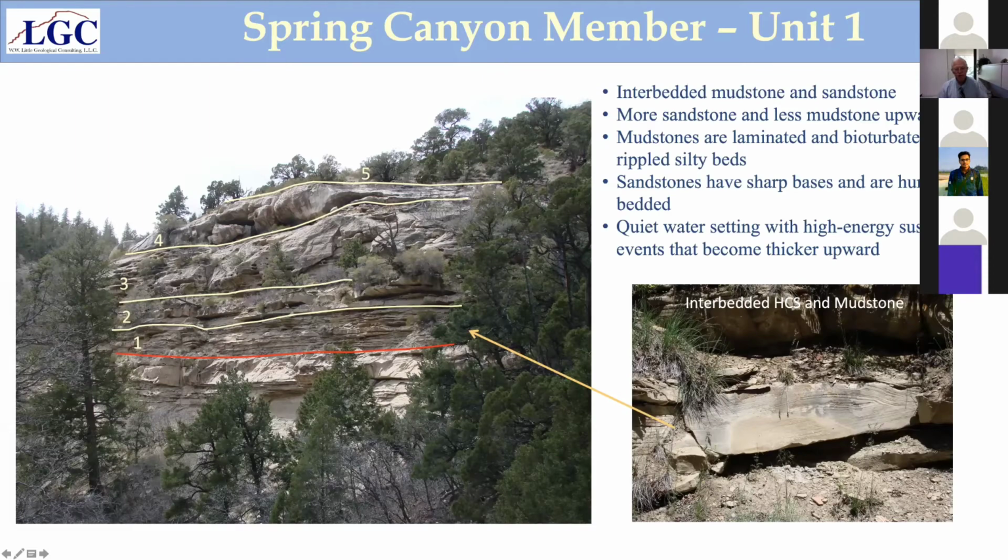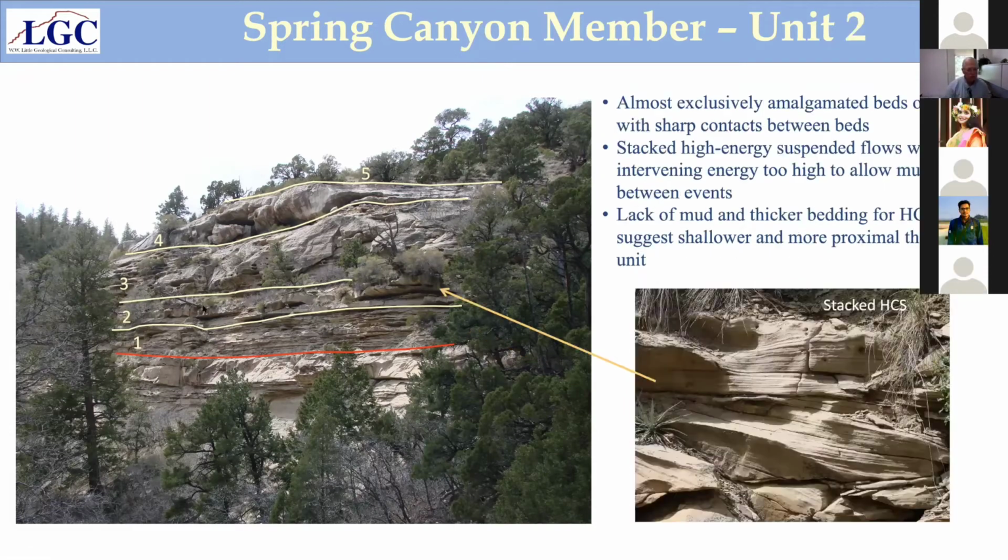Okay, let's move up one to the second unit. The second unit consists of the same kind of sandstones as underneath, but without the mud. So once again, we're looking at hummocky stratification, but in this case, the hummocks are stacked on top of one another without mud in between. So here's a hummock, there's another hummock, there's another hummock that's on top.